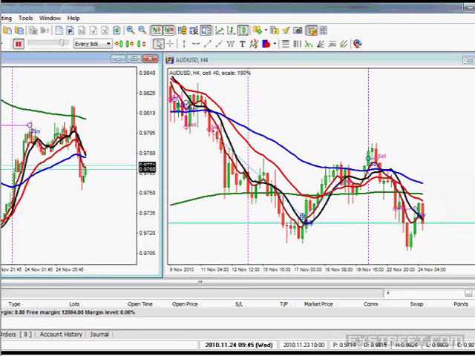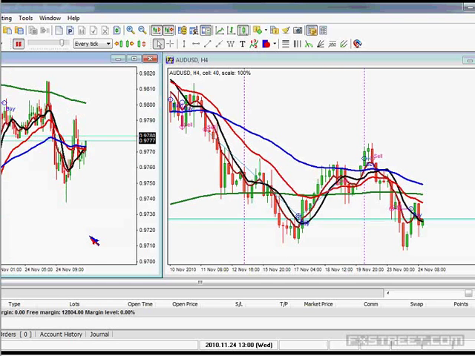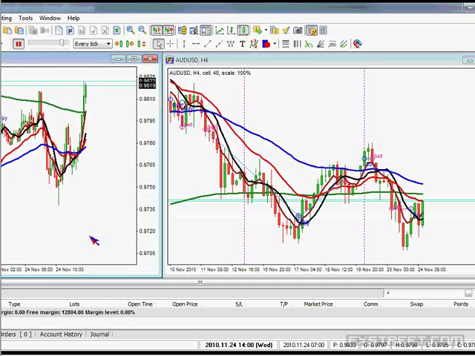So, swing, swing, break, break, go. I mean, that was a break-even trade. Not ideal, but you know, I hate being up like 80 pips and having nothing to show for it.